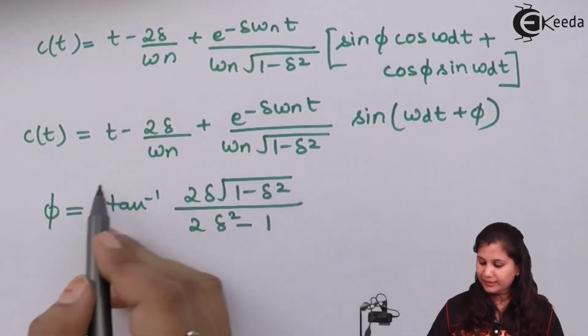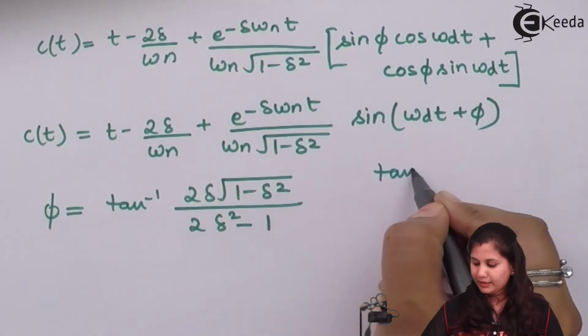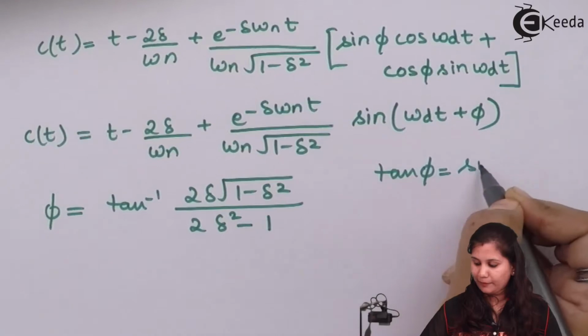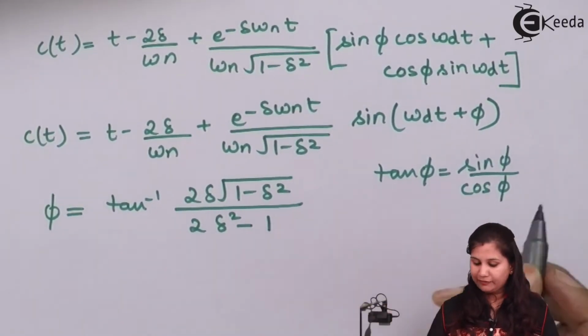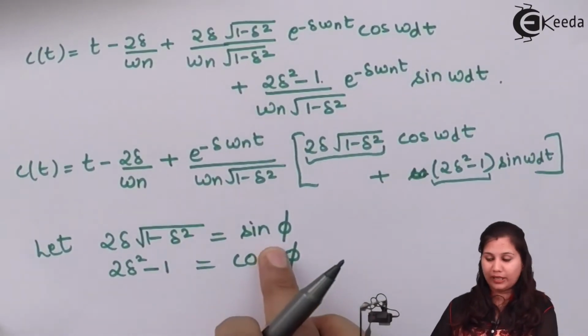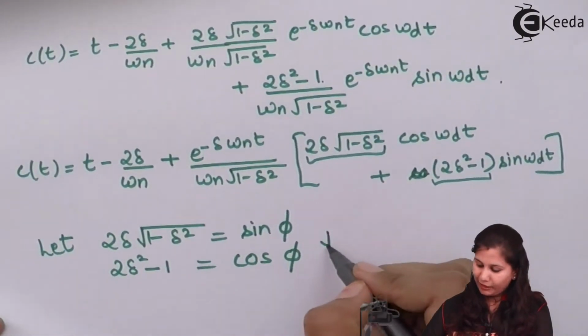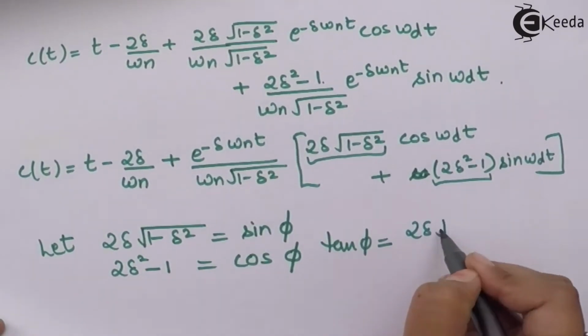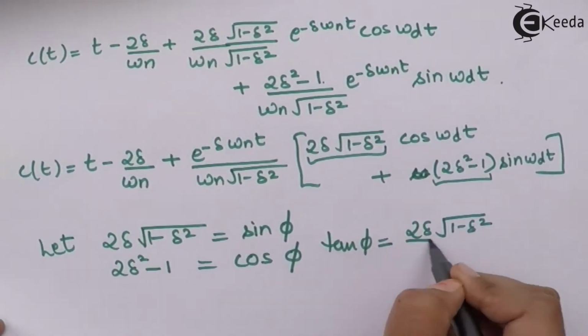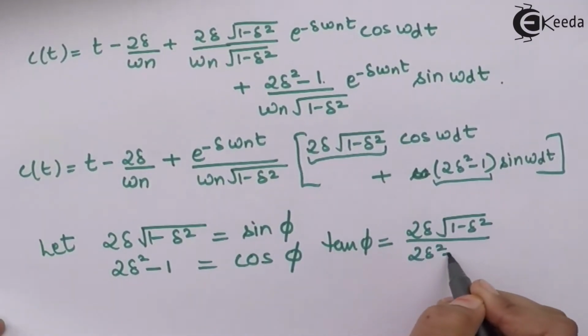How have we obtained this? If we want tan phi, then it is equal to sin phi upon cos phi. Sin phi we have supposed this value and cos phi is this. So tan phi will be sin phi, that is 2 del under root of 1 minus del square upon 2 del square minus 1.